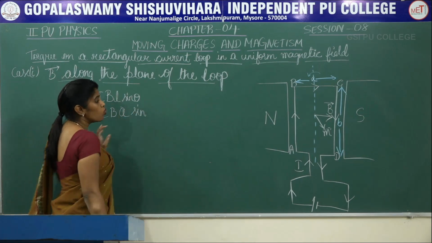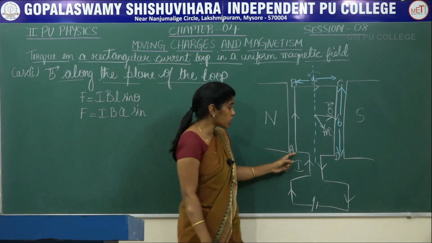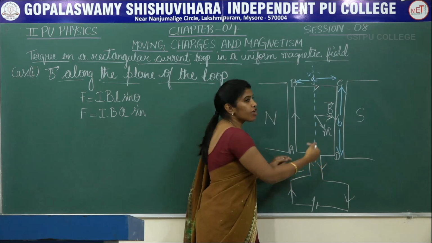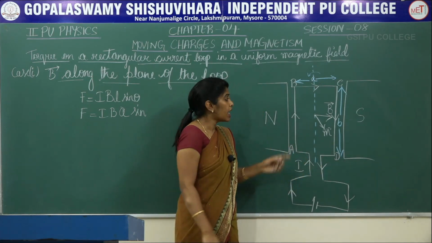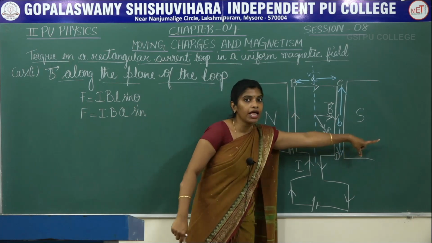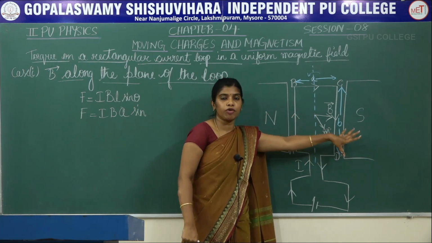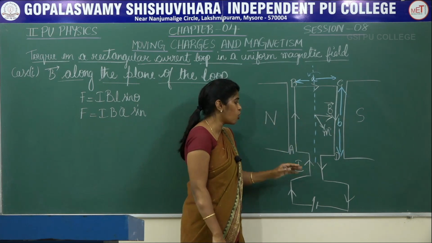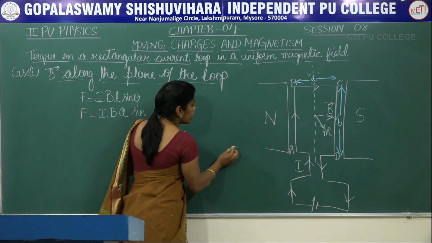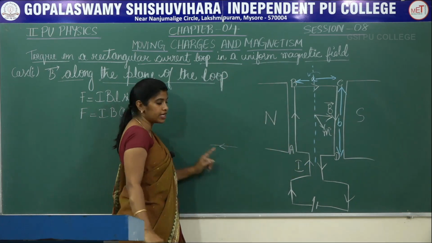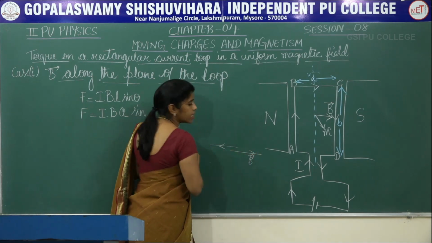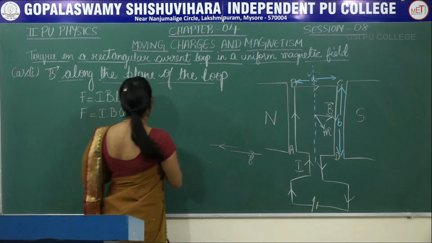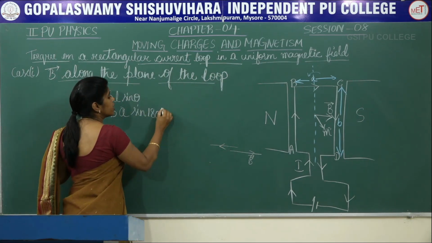What is theta? So coming to AD, in case of AD, the direction of current is this, from D to A, and the magnetic field is applied along the plane of the rectangular loop. Therefore, if the current in AD is in this direction and the magnetic field is applied in this direction, what is the angle between them? It is 180 degrees.